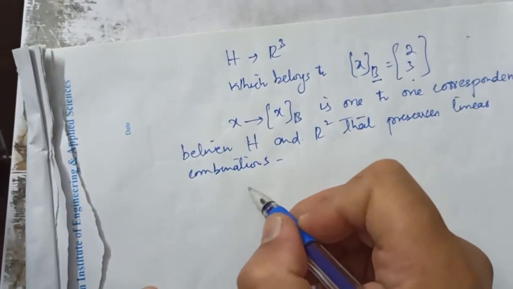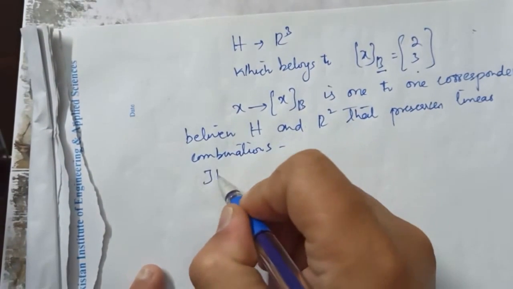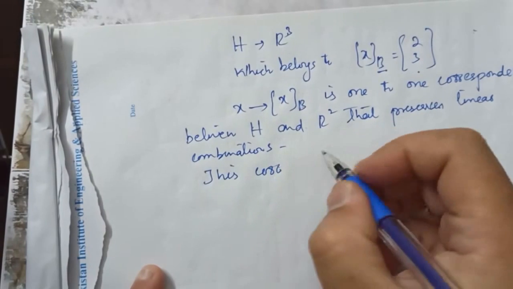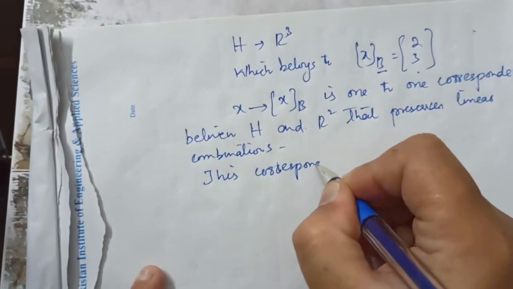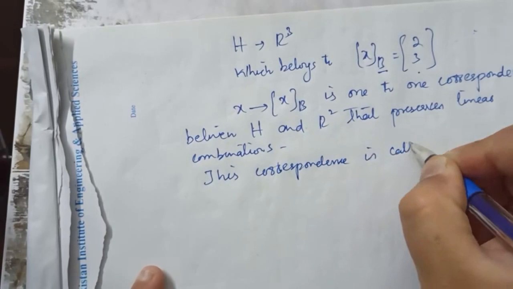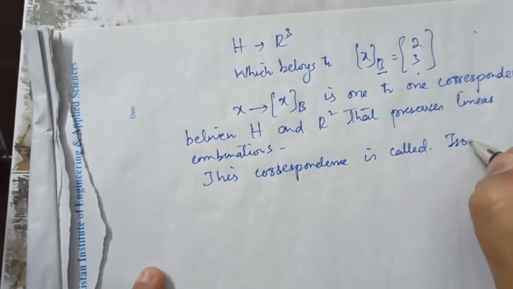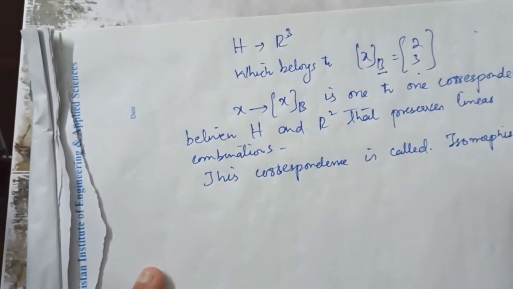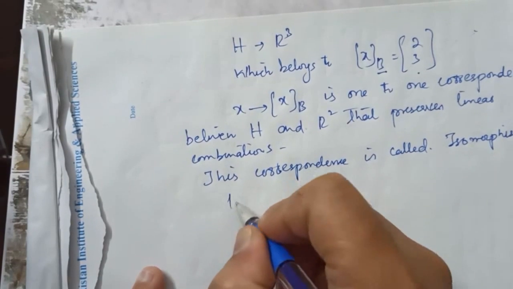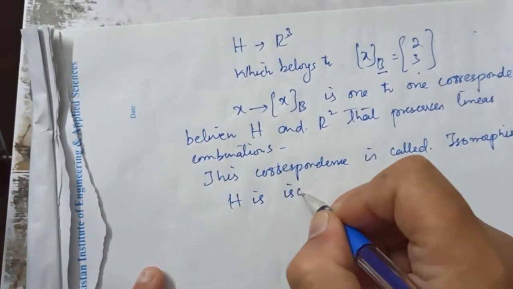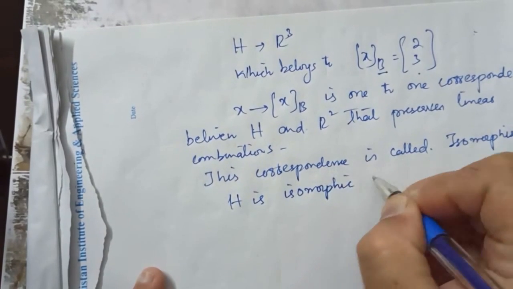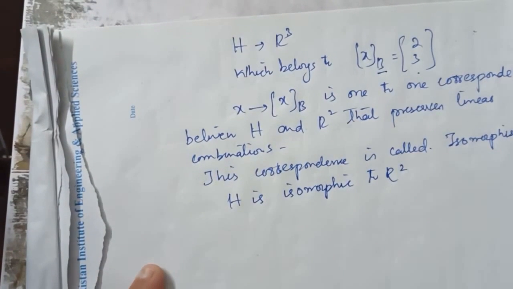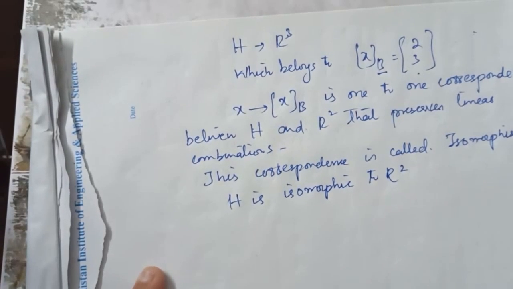Now this correspondence is called an isomorphism, and we say that H is isomorphic to R square. Okay. So you can see the grid in figure 1.